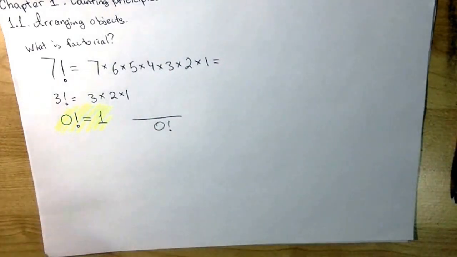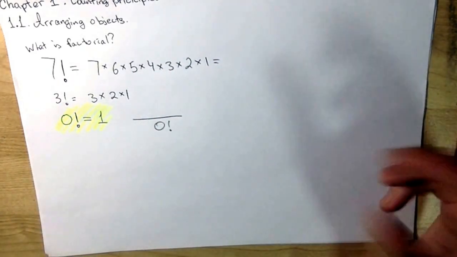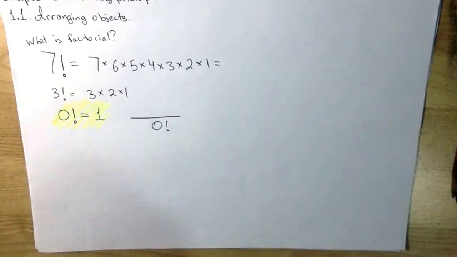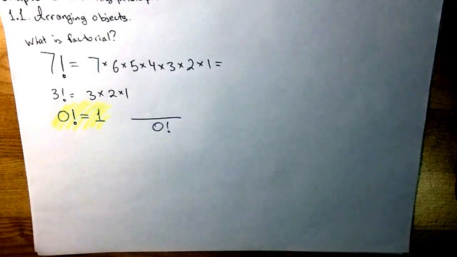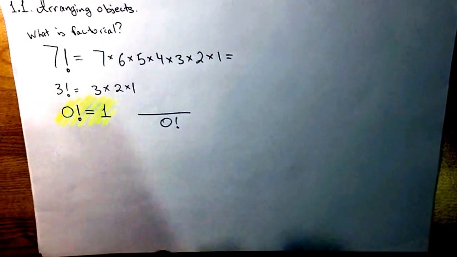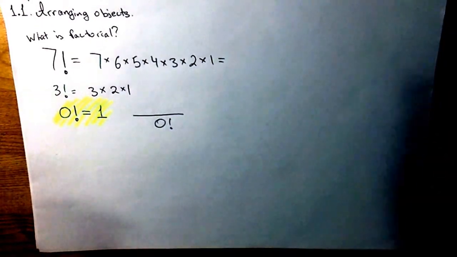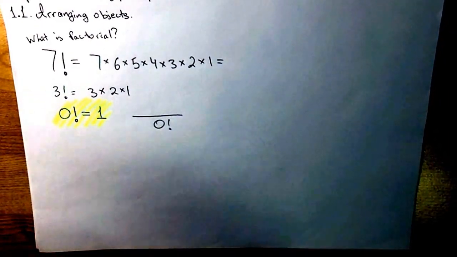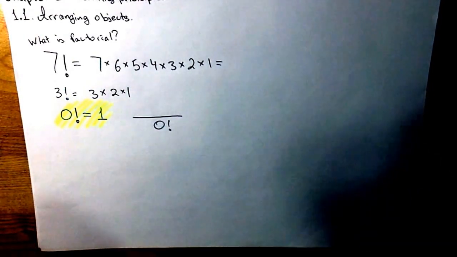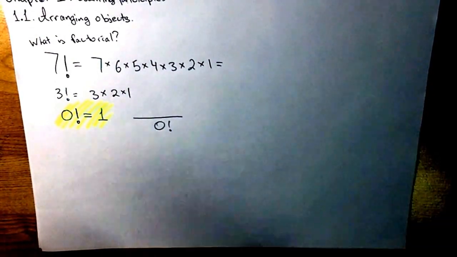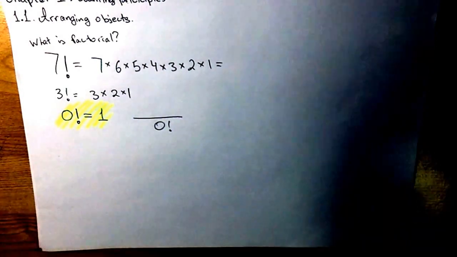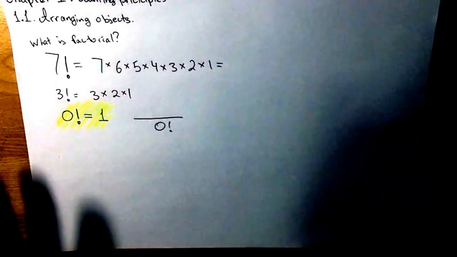We are going to use factorial to arrange objects. For example, have you ever thought how you could arrange 10 US presidents if you had them with you? For instance, you have Abraham Lincoln, Washington, Hillary Clinton, Donald Trump, George Bush, Barack Obama, Reagan, and all of them, and you want to arrange them in a line.